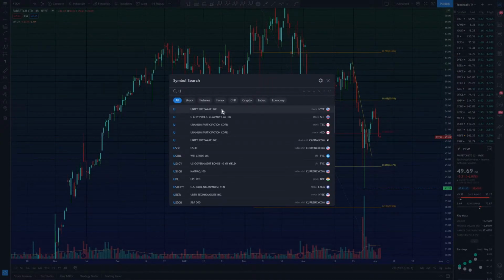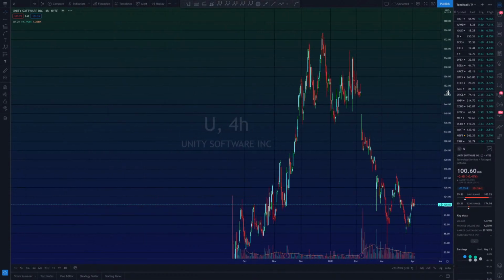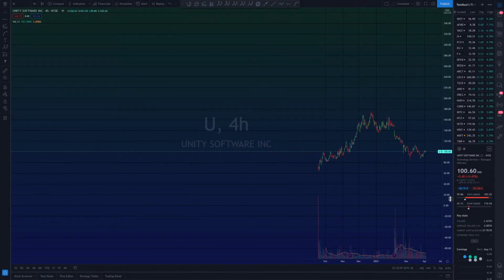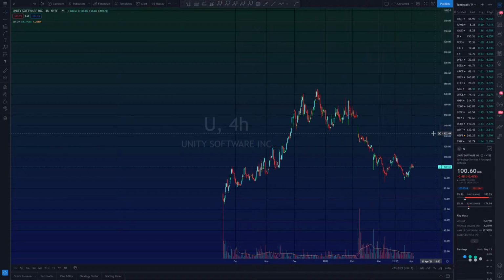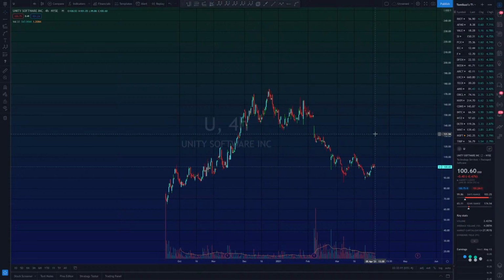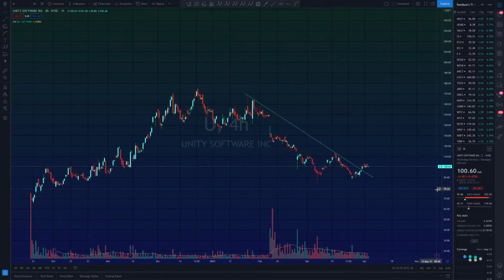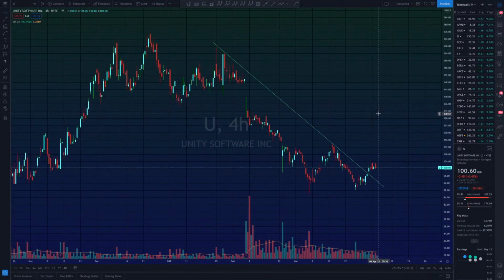Let's look at Unity. I know Unity has been popular lately. Fubo also, their lockup period is tomorrow, so that means insiders can sell as well. That's also something to remember. Well, Unity, you've got a downtrend break. You do have a bull flag, but those red candles are huge.